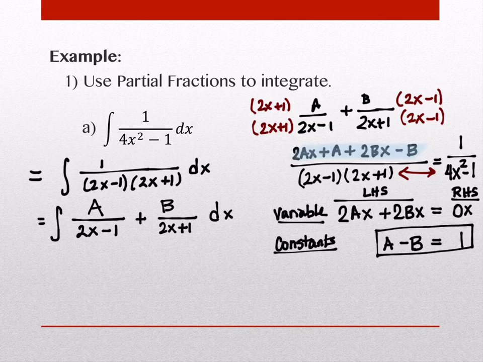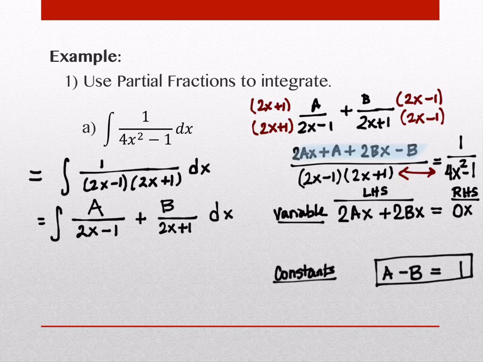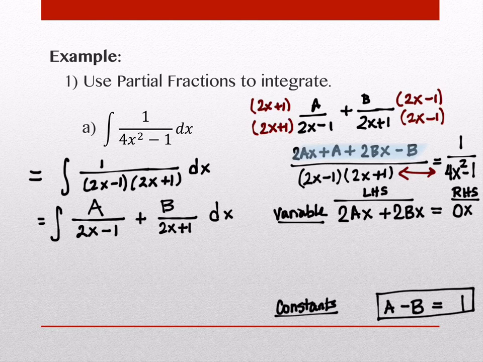It says 2ax plus 2bx equals 0x. Any thoughts about how we could use that? Well, we're going to solve for some things here in a minute. Could you not solve for a in the constant and then plug it in for a in the variable equation? You could, but let's clean it up one more step before we do that.